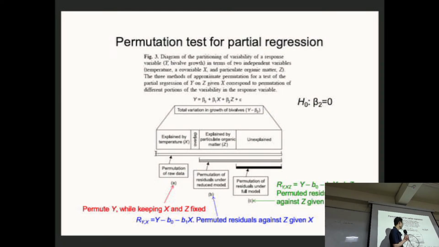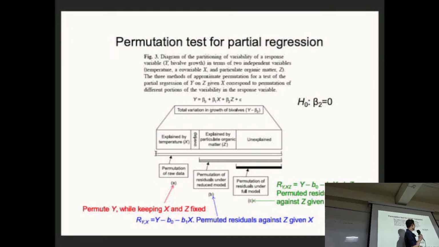And then you recalculate the result. This is called a permutation for the reduced model. And this one is called a permutation under the full model. Basically, I calculate the full model. I estimate beta 0, beta 1, beta 2 as B0, B1, B2, so let's put everything in.